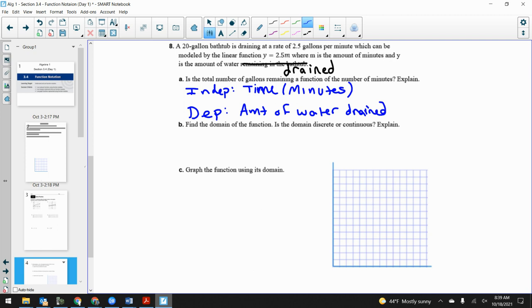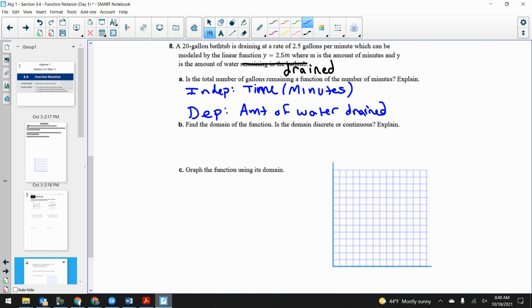That is my dependent variable. I'm plugging in amount of minutes. I'm getting out the amount of water drained out of the tub. So after like 1 minute, there's 2.5 gallons drained out. 2 minutes, there's 5 gallons drained out, and so on.